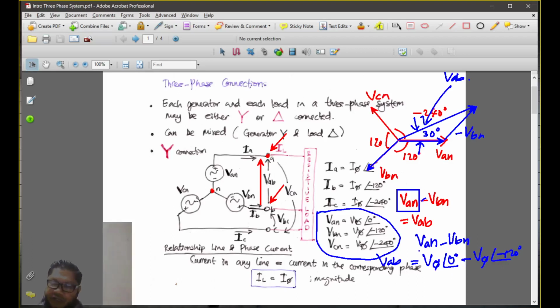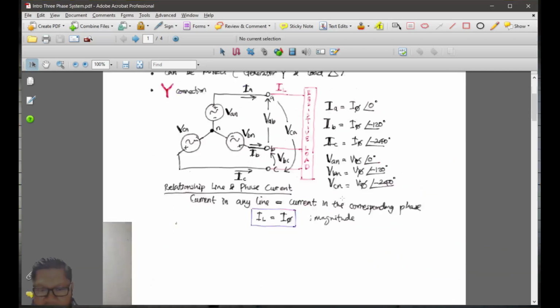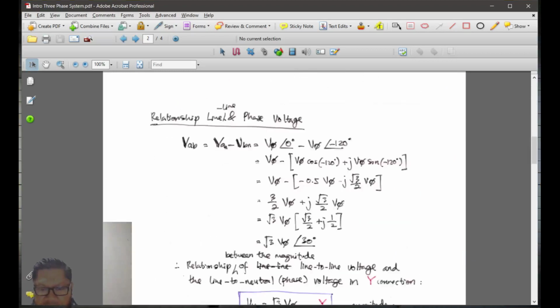To solve this, you need to convert that into rectangular form. On the next page, you have the rectangular form: V phase, and the angle converted into rectangular, which means cos minus 120 degrees plus j sine minus 120 degrees.